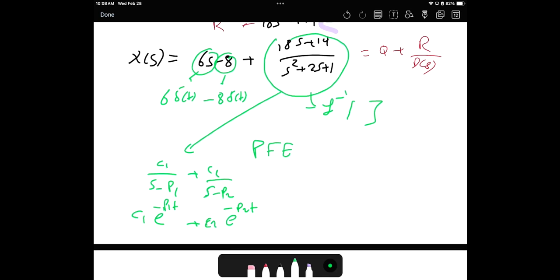That's how we do Laplace inverse, because according to the table, 1 over s minus a will be e power a t, and don't forget times u of t. That's according to the tables.